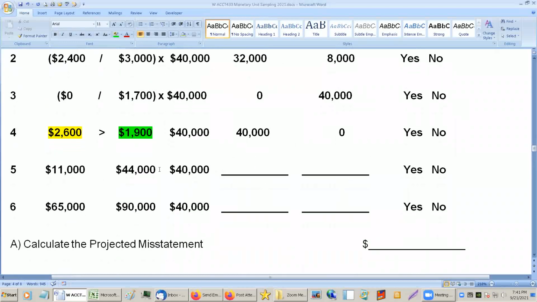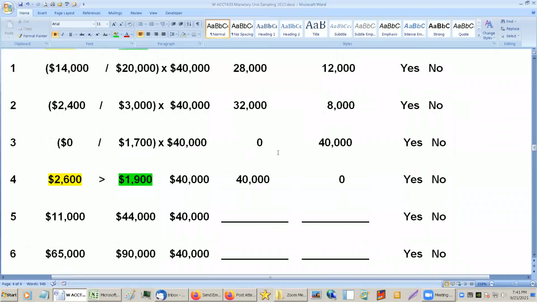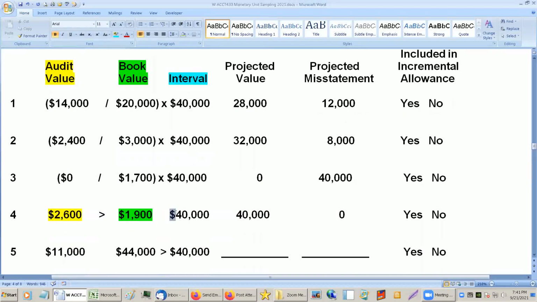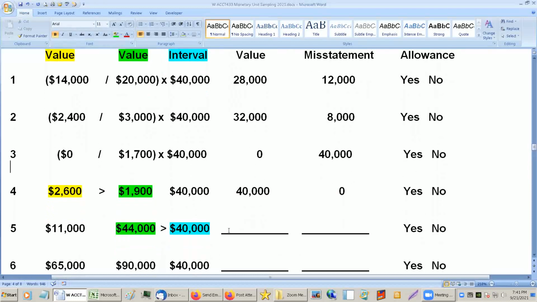So if, let's give the intervals a color. Let's give them turquoise. So if the book value is greater than the interval. Now notice something about this one.